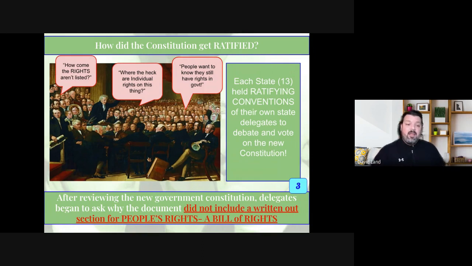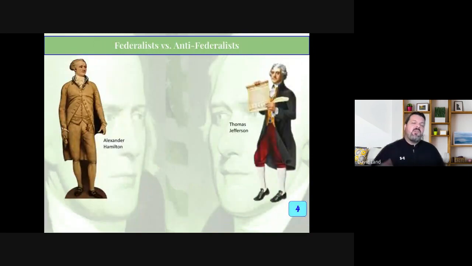A bill is a proposal. We don't see any proposal of rights. Where's the section on the rights of people? And see, that idea of tyranny starts coming back into their heads. So they start getting a little scared about this new Constitution being too strong and kind of evil to them. So when we see the political parties break up, we start to see the differences in their beliefs.